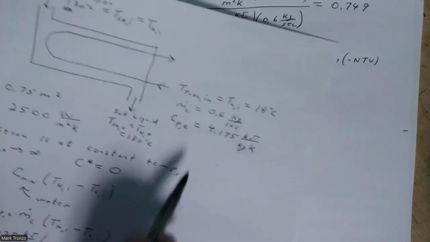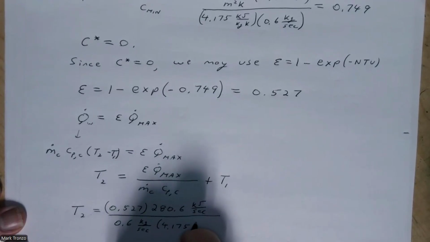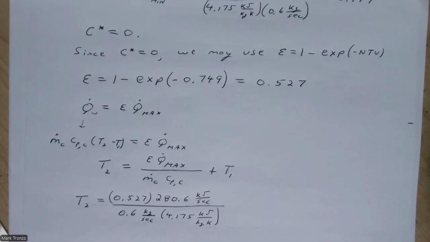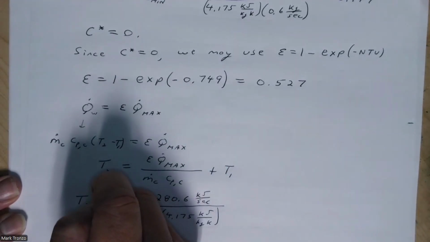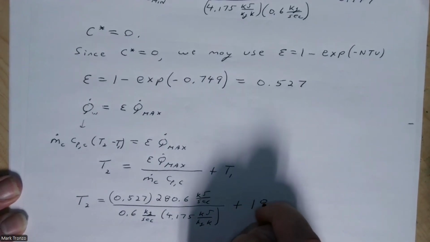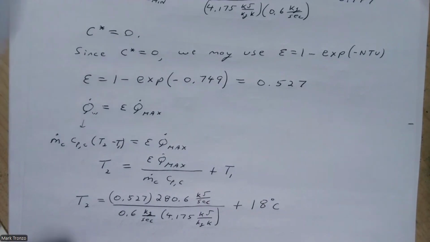And for the cold, our Cp value was 4.175 kilojoules per kilogram K. And then our T1 for the cold, I should probably have put cold for these temperatures, but the T1 for the cold was 18 degrees C. Well, I put that on my calculator.